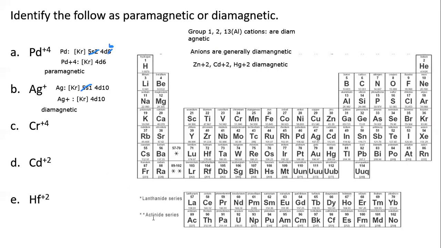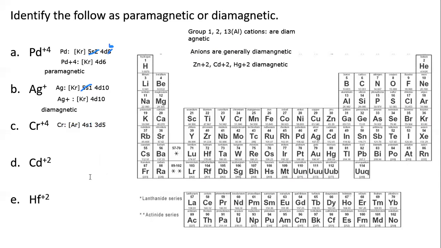Next we have chromium 4 plus. So let's first write the electron configuration of chromium. It's going to be argon. Now remember, chromium is an exception. So it's going to be argon 4s1 3d5.